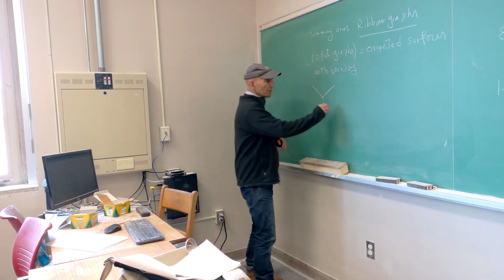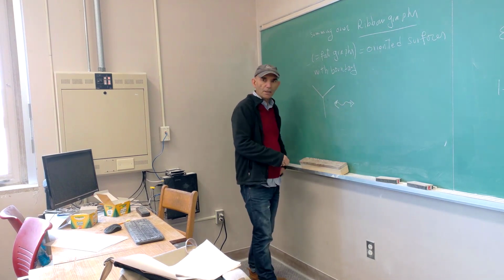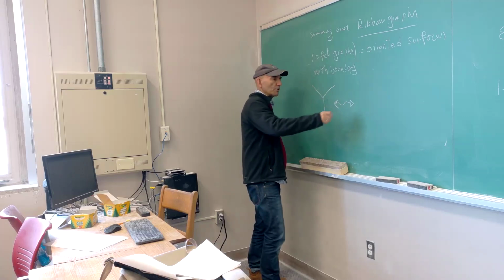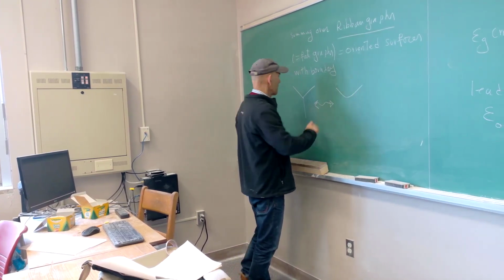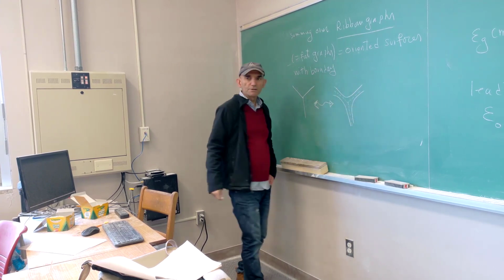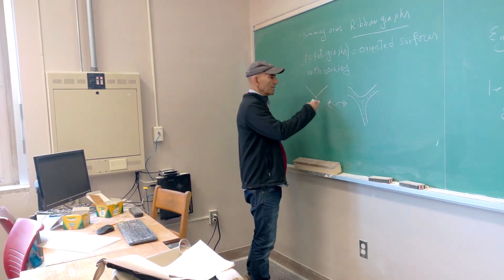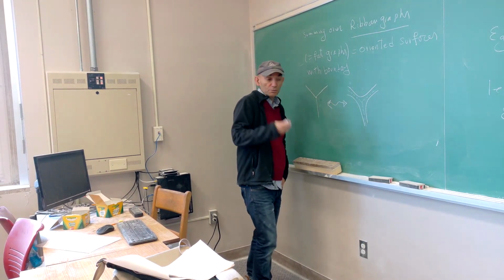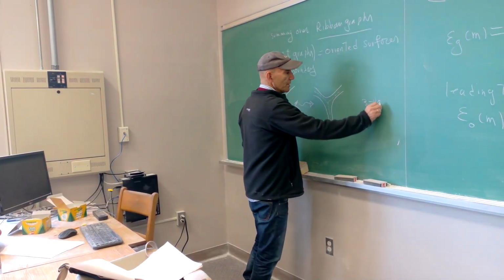We're going to create a ribbon graph based on this as follows. You can imagine there is still the original vertex there. So this is a trivalent ribbon vertex. It's not matched yet, but this is trivalent.